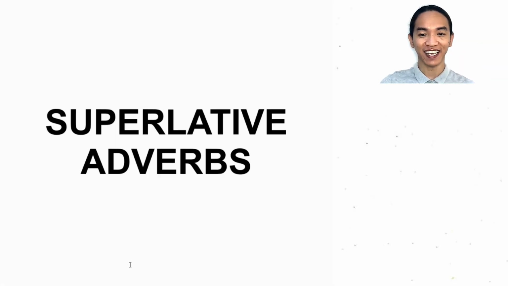Let's go. So for our lesson here, we will be talking about the superlative adverbs, okay? Just like what we talked about from the previous lesson, we have the comparative. Of course, we have the superlative. So just like your adjectives, okay, your adverbs also have superlative forms.